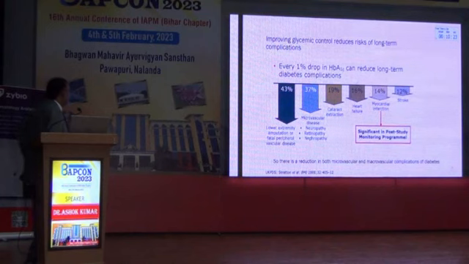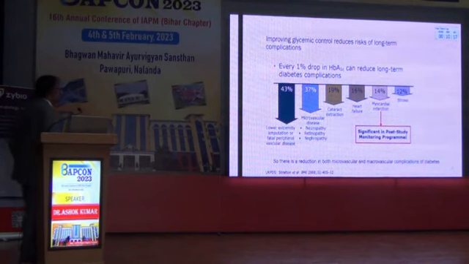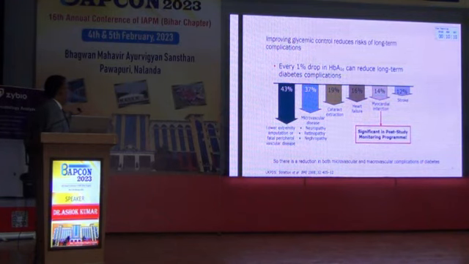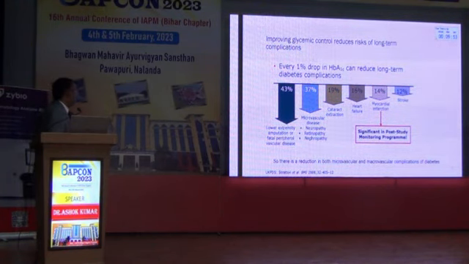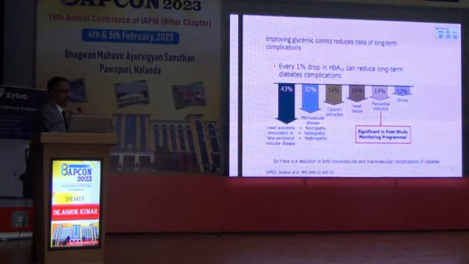For example, a 43% drop in lower extremity amputation and fatal peripheral vascular disease, 37% drop in microvascular disease like neuropathy, retinopathy, nephropathy, 19% in cataract extraction, 16% drop in heart failure, 14% myocardial infarction, and 12% stroke. So there is a reduction of both microvascular and macrovascular complications of diabetes.